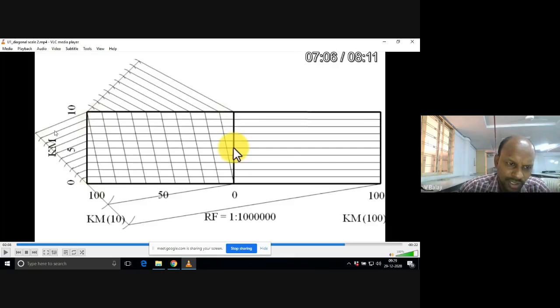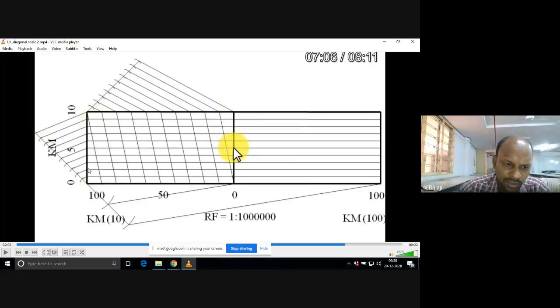Draw parallel lines to that. You would get again 10 equal divisions. From there you can draw horizontal lines like this. Earlier, you see, from here we have drawn diagonal lines, not vertical lines. These are the diagonal lines or inclined lines. But coming to the vertical height, we have divided again into 10 parts.